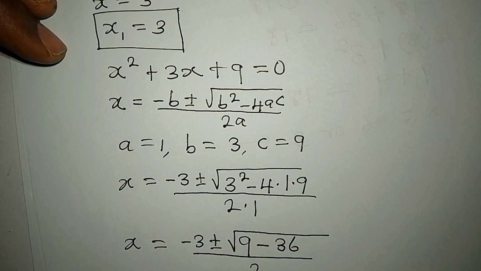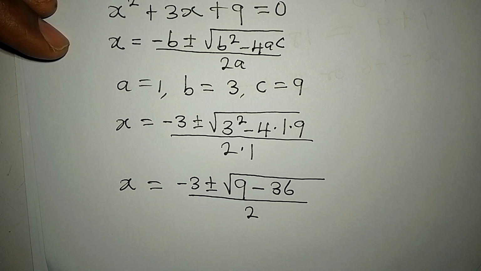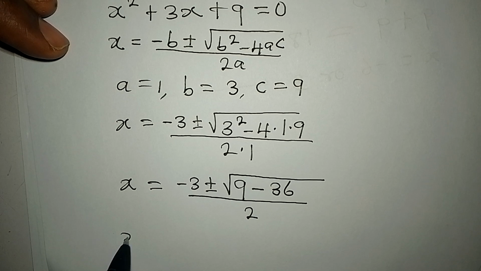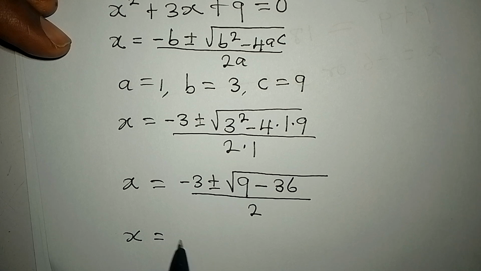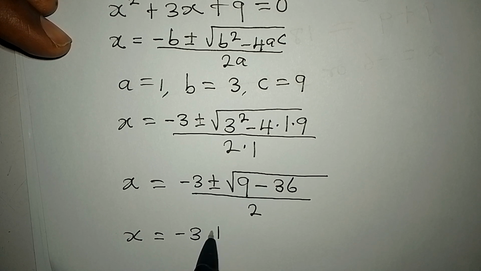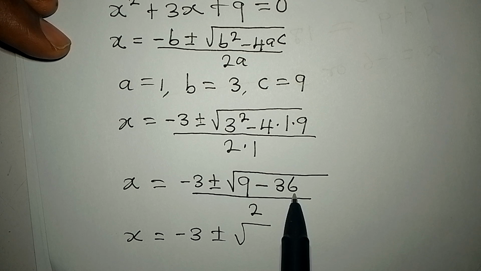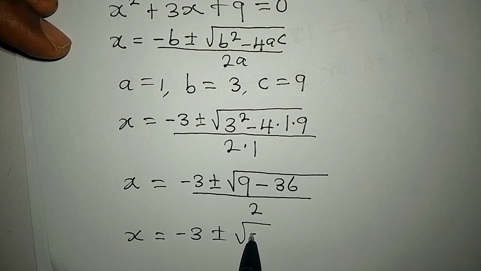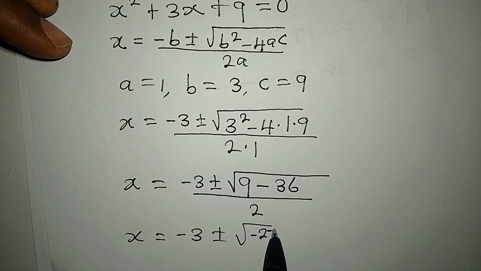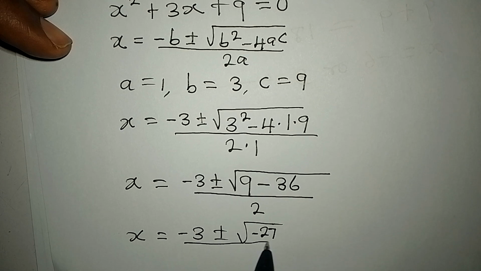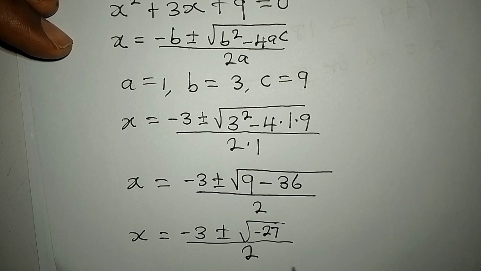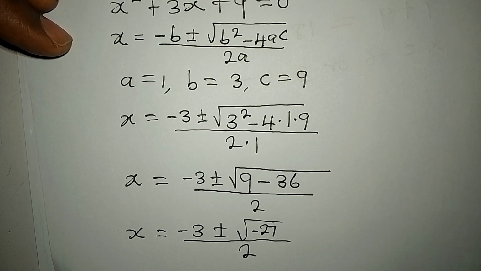How did I get 2? That is 2 times 1. Now let's continue. The next thing is to subtract what we have under the square root sign. So x will be equal to minus 3 plus or minus square root of 9 minus 36, which will give us minus 27, and this is over 2. But then this 27, we can break it down.